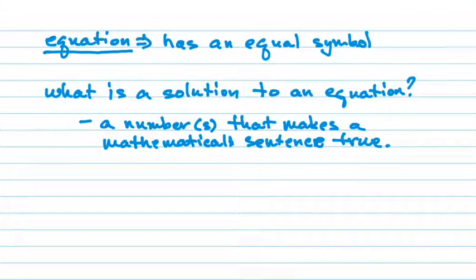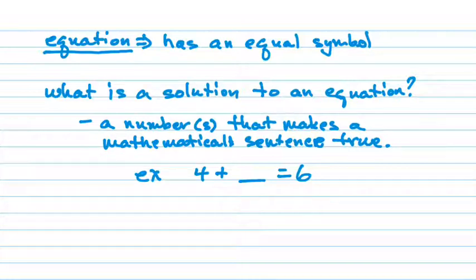Now, if I started off with something really easy, just for an example, 4 plus something equals 6, what would you add to a 4 to make that equal 6? 2.